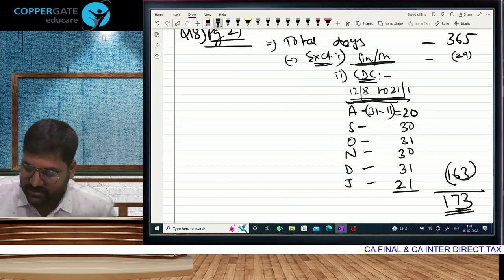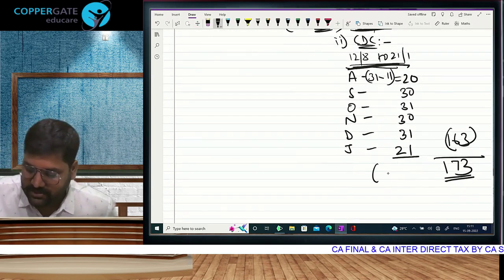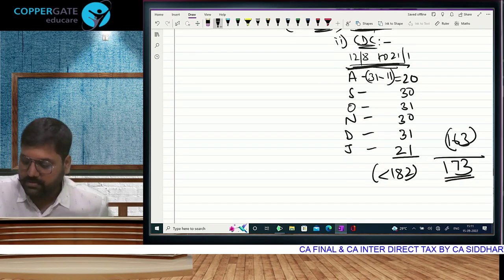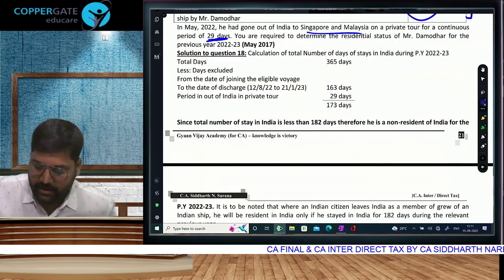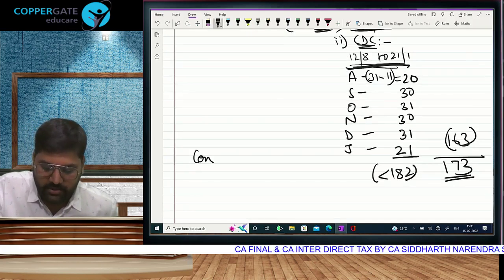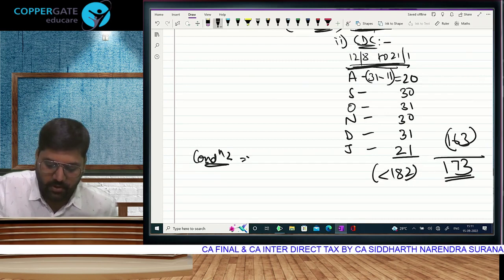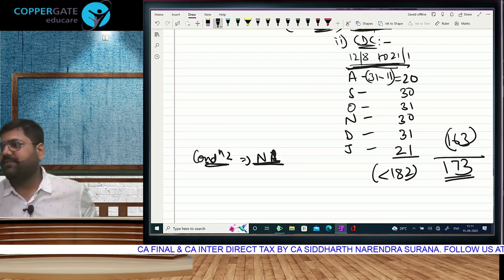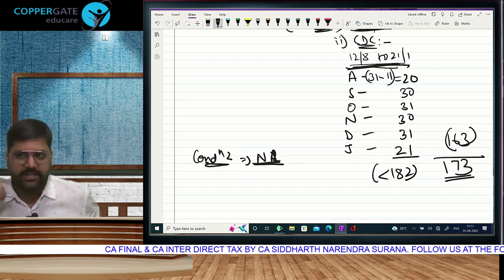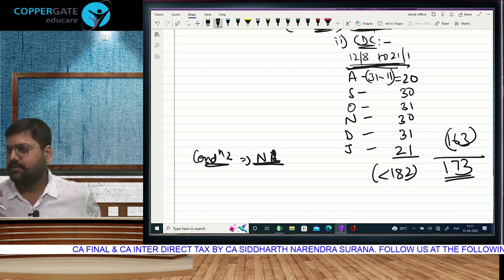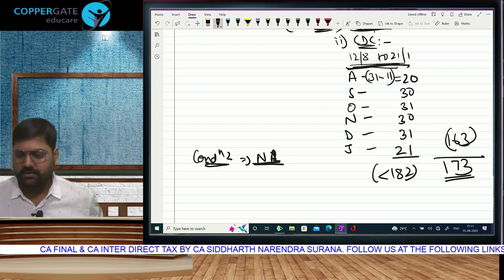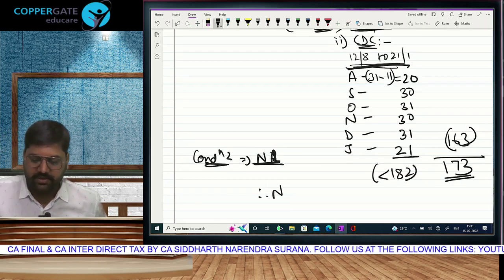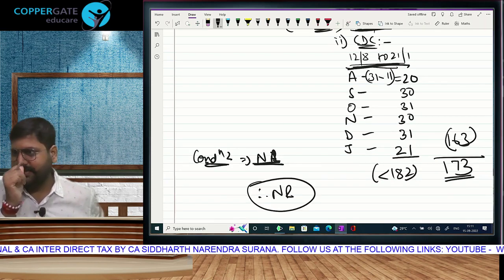Ladies and gentlemen, this is less than 182 and condition 2 not applicable because he is a crew member of Indian ship. So 63, 65 is not applicable and 182 is not done. Therefore, the assessee becomes non-resident.